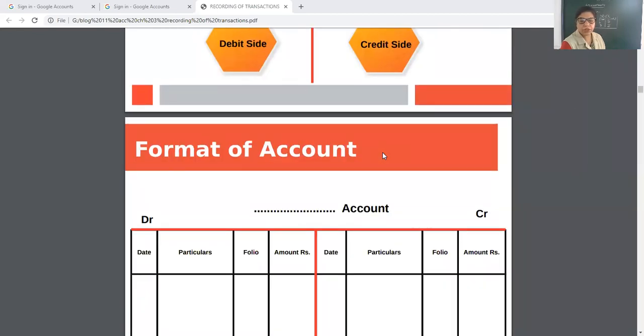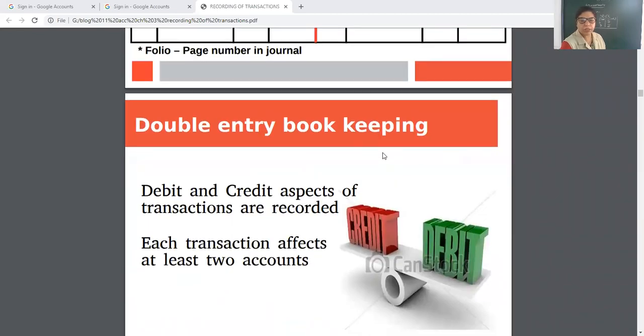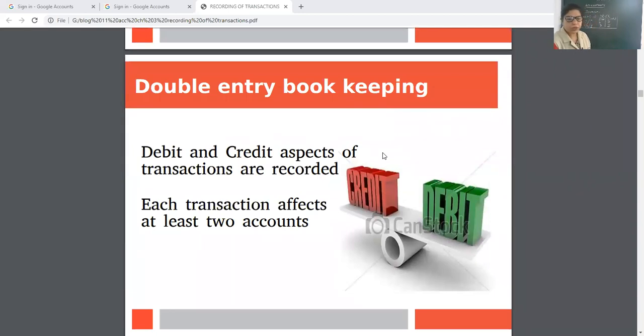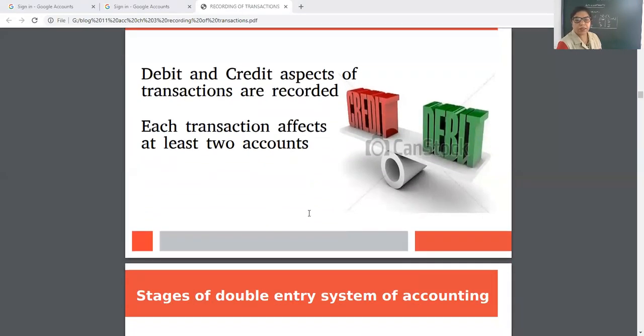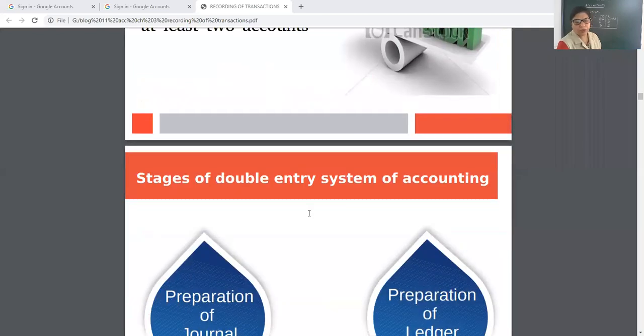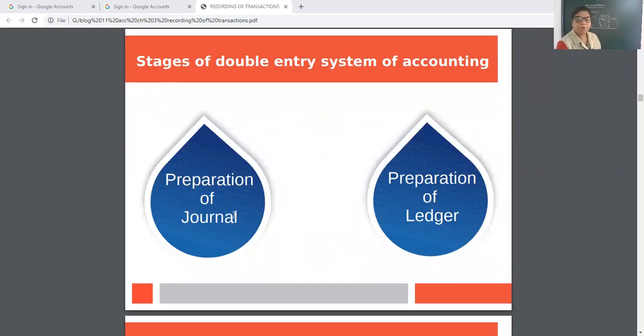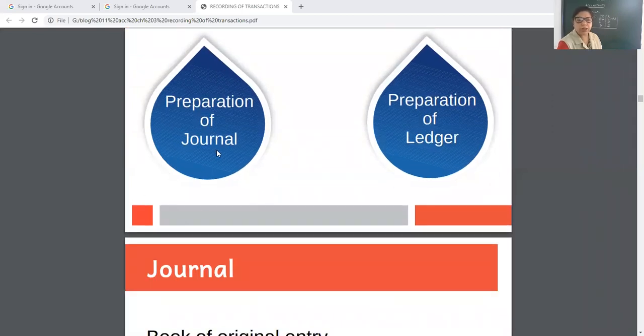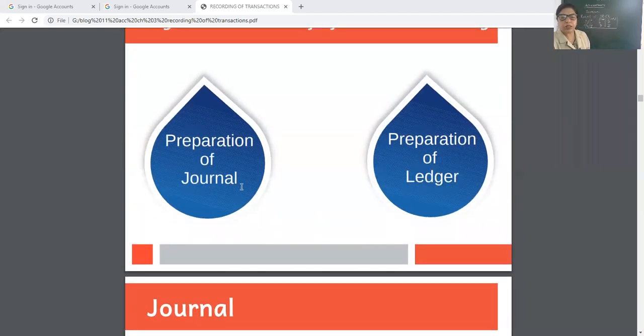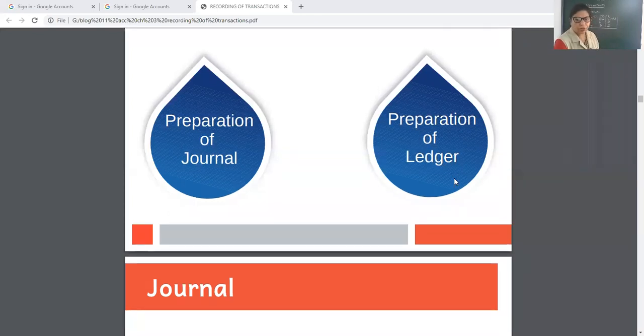See, first of all, today I am going to explain journal entries. Debit and credit aspects of transactions are recorded, and each transaction affects at least two accounts. So first of all, we have to prepare the journal. Then afterwards, with the help of the journal, I will explain how to prepare the ledger.